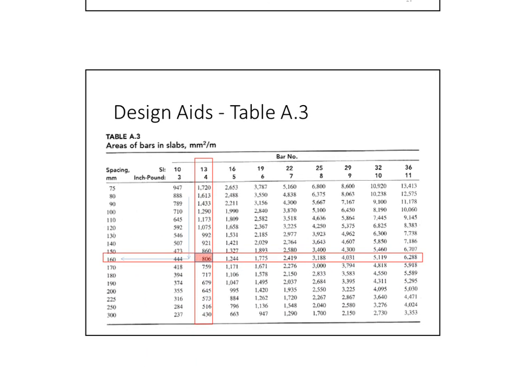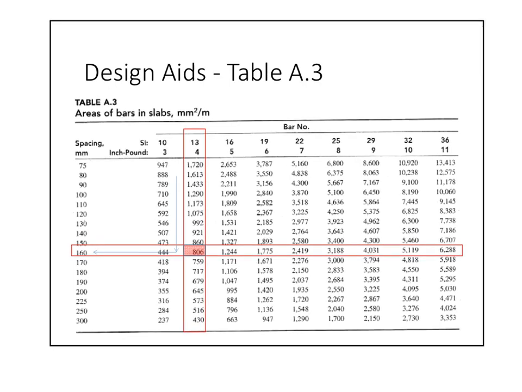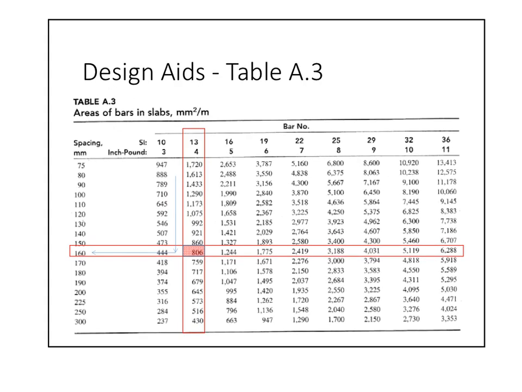Here is the table A3 that we were talking about. And table A3 is specified for slabs. So if I have, for example, a phi 16 at 100, then I just take the phi 16 at 100, and then this is the number. This is my AS. So AS here would be 1990 millimeters square. We got the idea of this table.